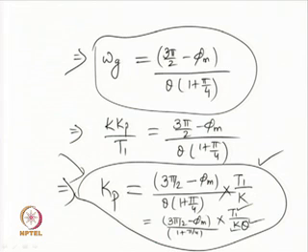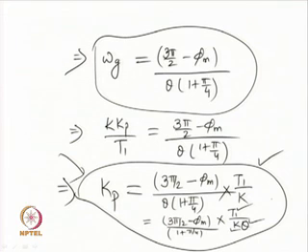Now, assuming some user defined phase margin, suppose I wish to have a phase margin for the closed loop system of 45 degrees, 60 degrees and so on, Kp can be estimated using this formula. So, we have found so far explicit expressions for Kp and Td.